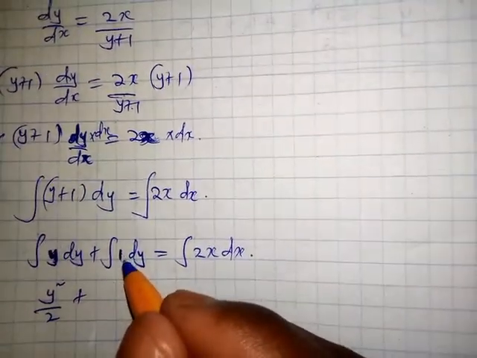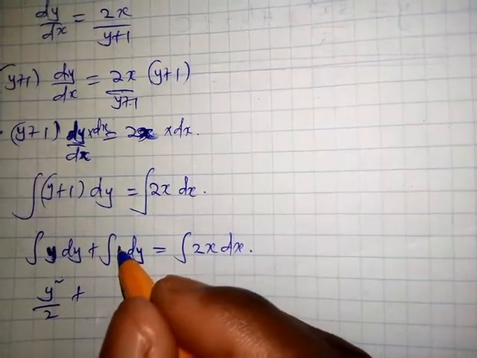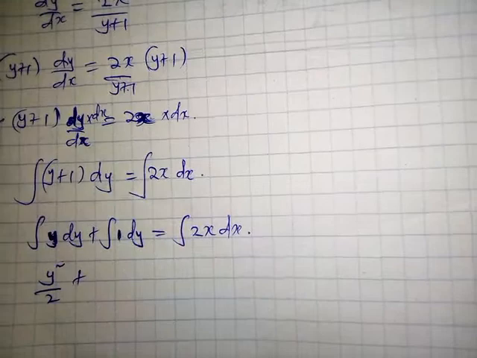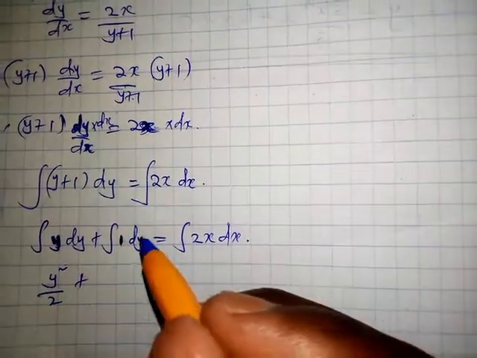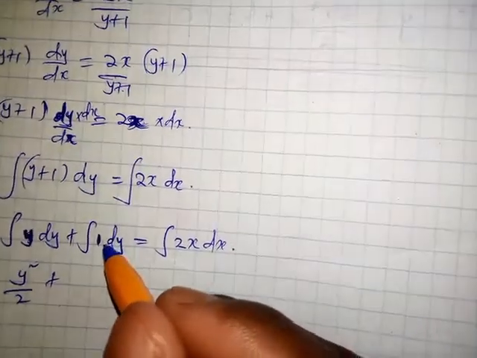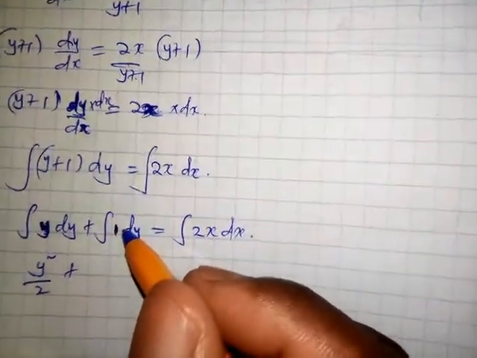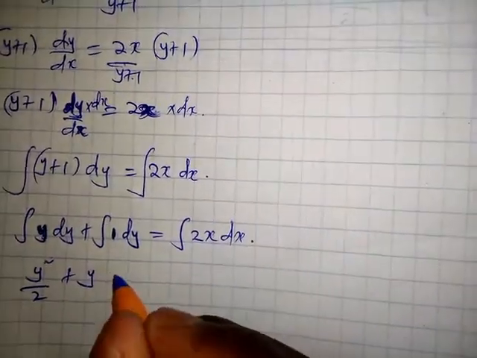Any number raised to power 0 is equal to 1, that's why we have 1. If we increase the power of y, it will be 0 plus 1, we get 1, so y raised to power 1 is equal to y times 1, we get y.